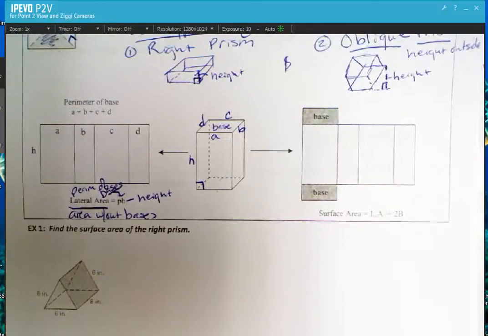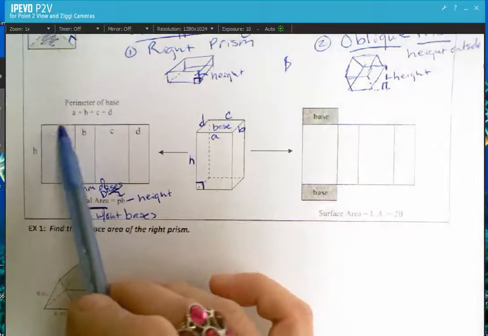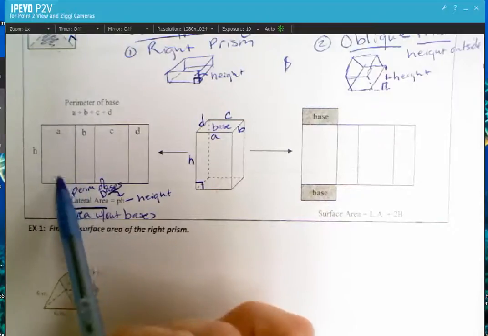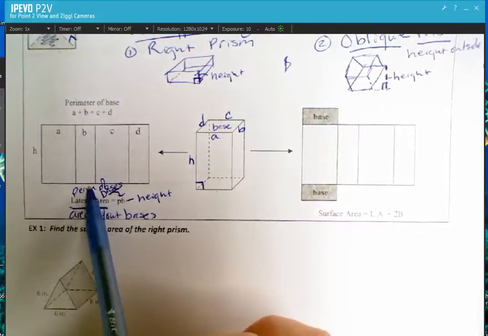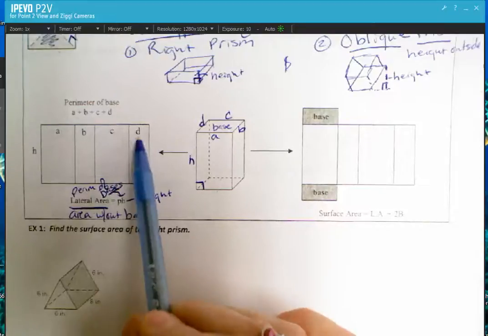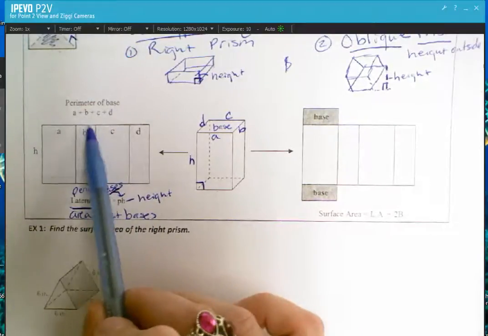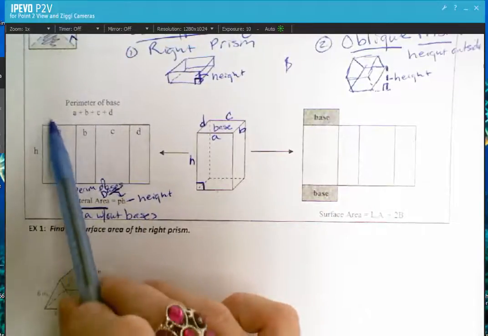Gets a little funky. So since these are my bases, this is my area. So I know height times base is the area of just this rectangle anyway. And I have it again also, base times height here, and a base times height here, and a base times height here. I can just add up all of these and multiply by the height and get one big lateral area.